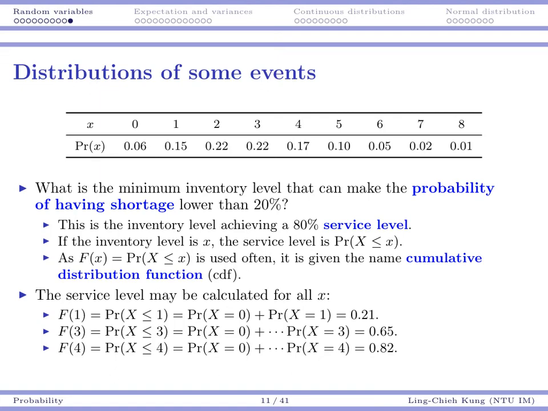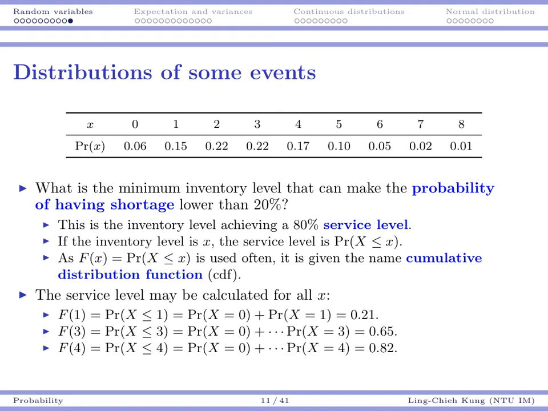Okay, so one reasonable question is about service level. What's that? I want to ask, for example, what's the minimum inventory level that can make the probability of having shortage lower than 20% or a given level. I want to make sure that I have enough inventory so that it's not that possible that consumers will enter and find nothing.